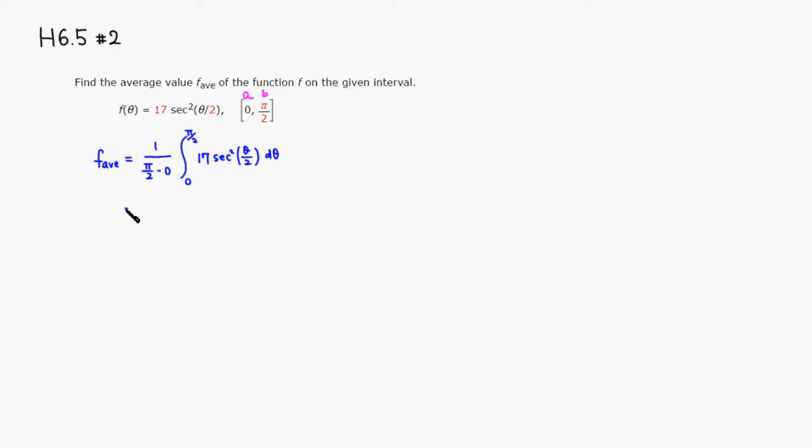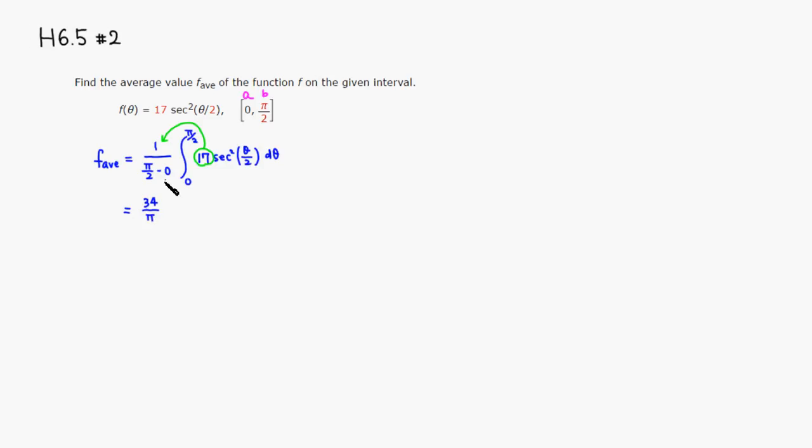All right. So let's see. We can probably pull out this 17. This is just going to be a number, and I'm going to put it outside. And so the reciprocal of pi over 2 is 2 over pi, and you have 17. So it's going to be 34 over pi.